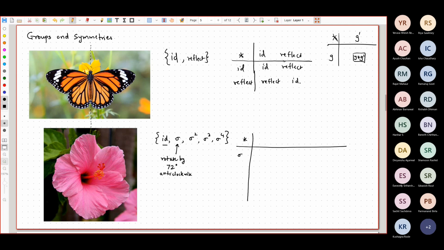ID, sigma, sigma squared, sigma cubed, sigma to the 4. Then sigma applied to ID is just sigma, then sigma squared, sigma cubed, sigma to the 4, and this ID, and so on. So I hope you can complete this table now.